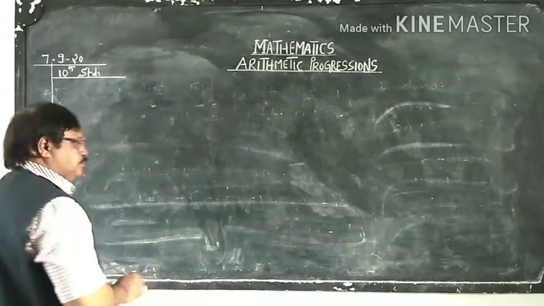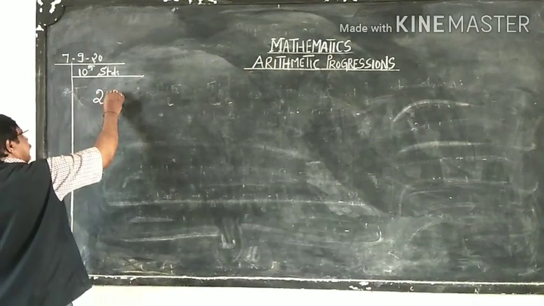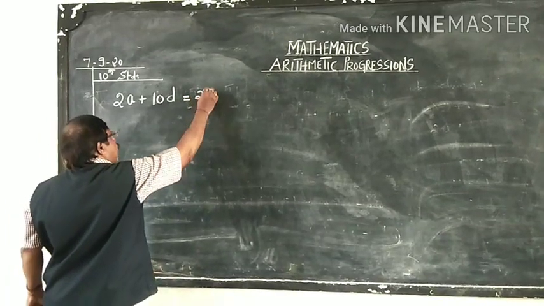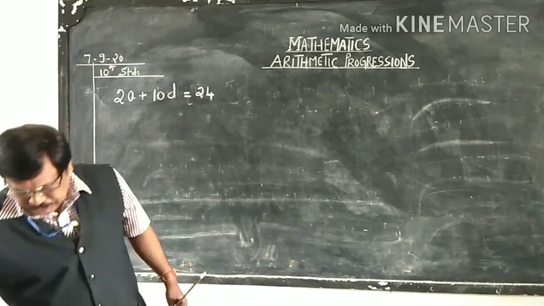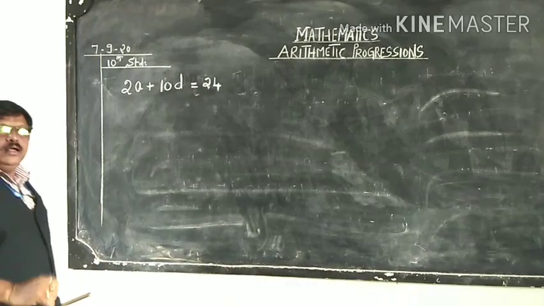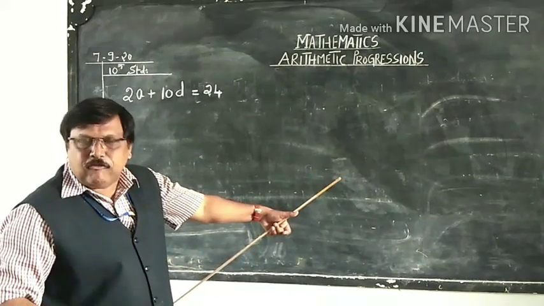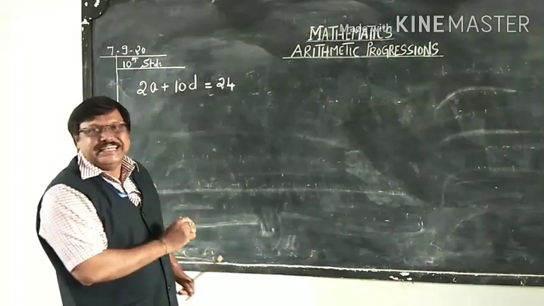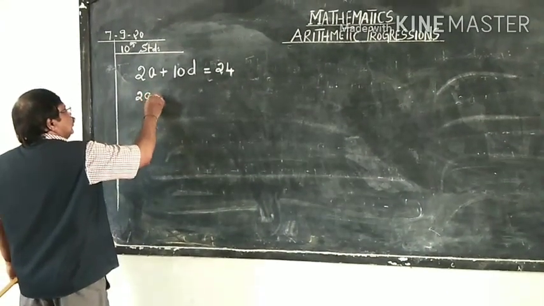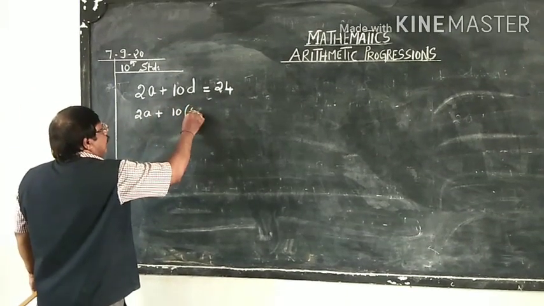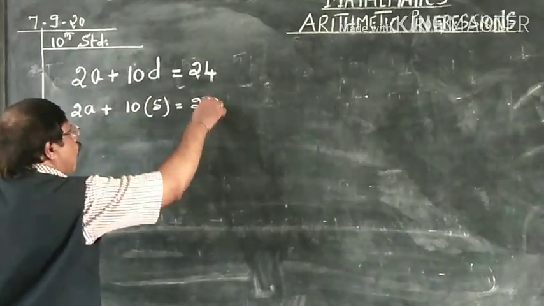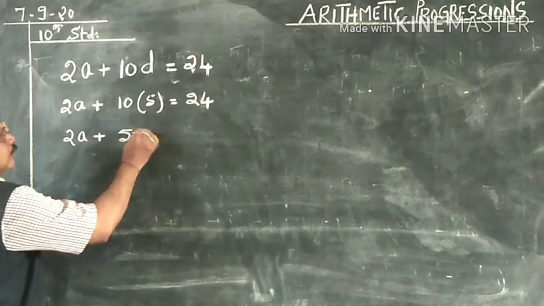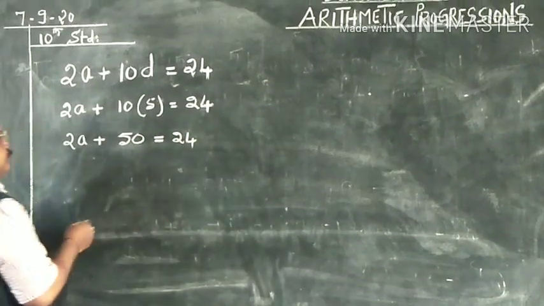Take the first equation, 2a plus 10d is equal to 24. That is the first equation you got. The value of d just now I have found is 5. Substitute 5 for d. 2a plus 10 into 5 is equal to 24. 2a plus 50 is equal to 24.